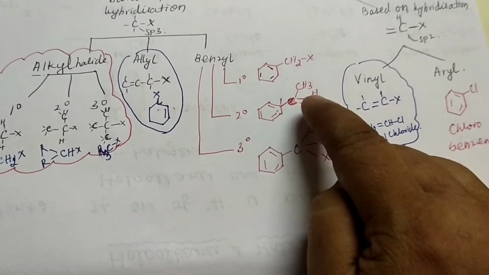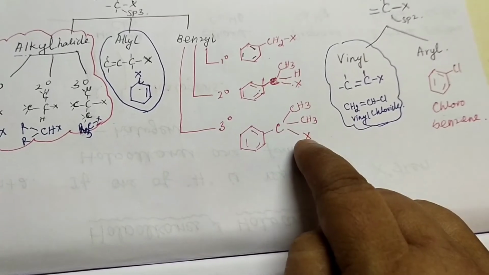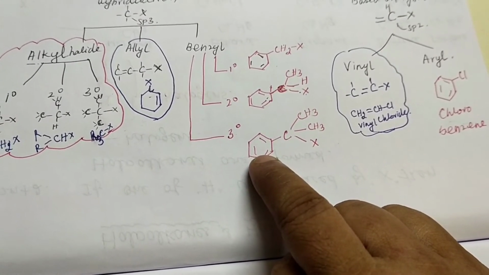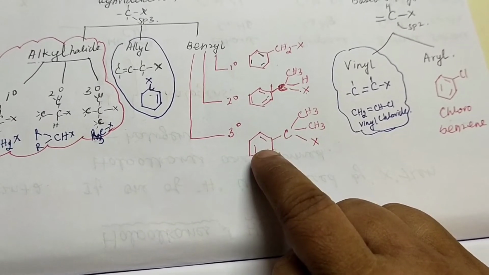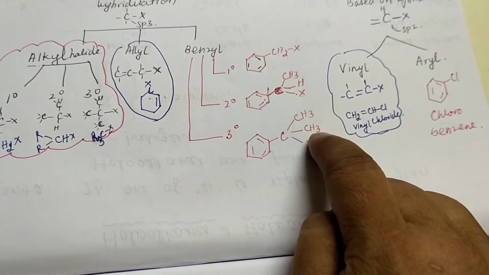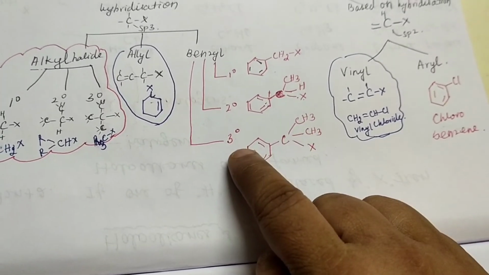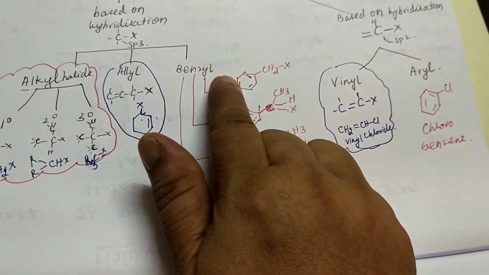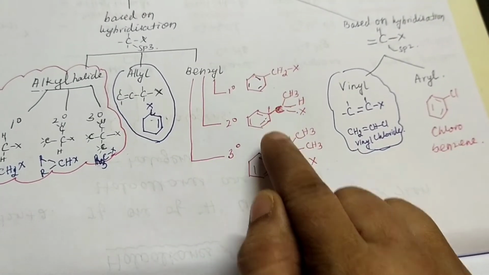In tertiary, the halogen attached carbon has one bond with the benzene ring and the other 2 valencies also with carbon. So benzylic is further classified into primary, secondary and tertiary.